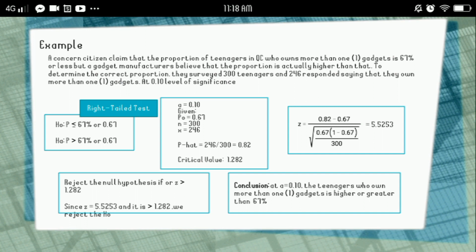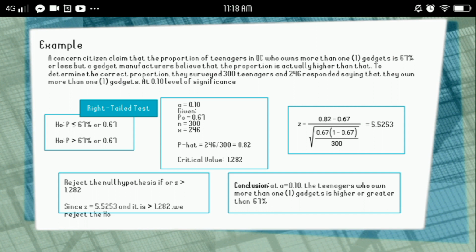Yung given na P sub 0, 0.67. N is equal to 300. X is equal to 246. So, solve the P hat. 246 divided by 300 is equal to 0.82. So, ang critical value natin, ang nakuha natin ay 1.282. So, positive ang ginamit natin kasi right-tailed test yung ginamit natin na tail test.